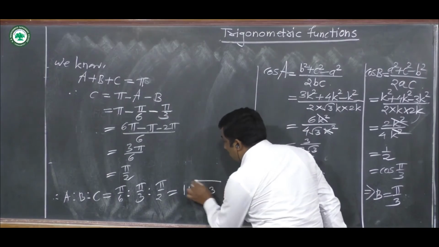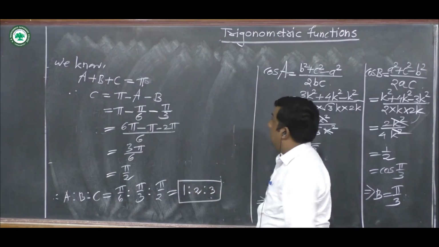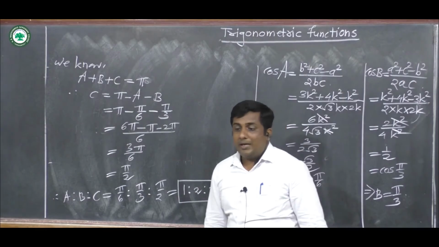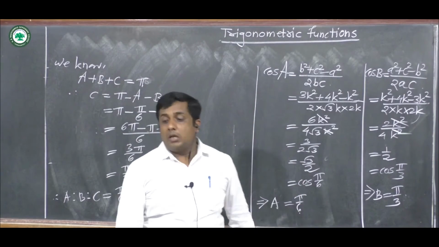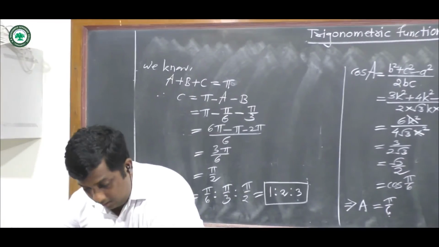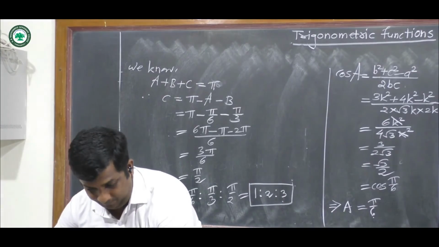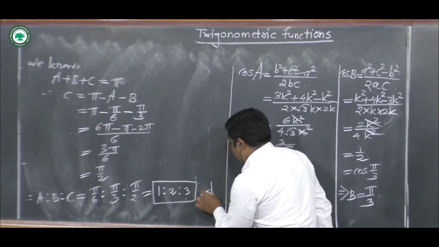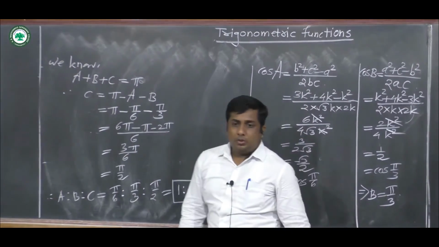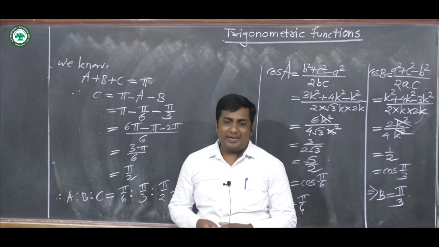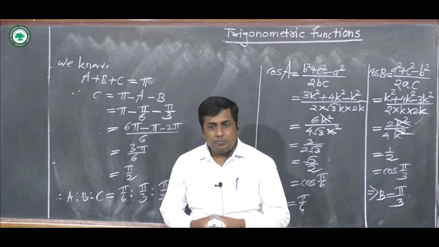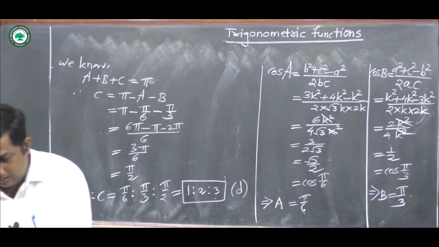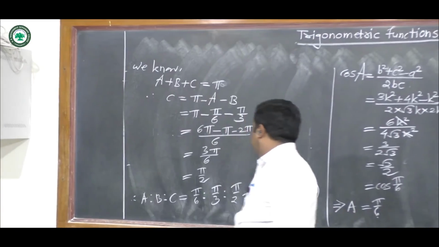This is our ratio for the angles. So the correct option is D. Okay, so it is a very important example. Now we go with our next example.